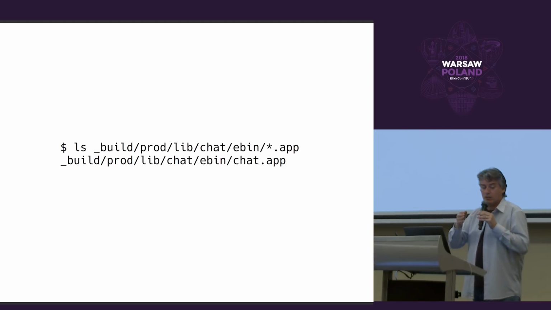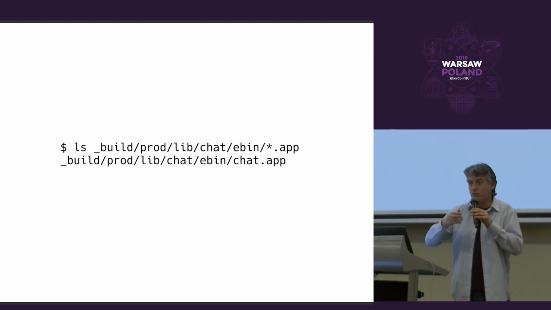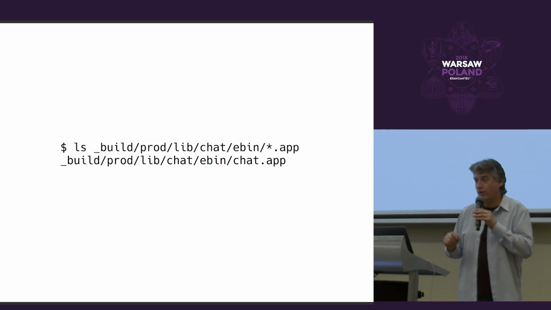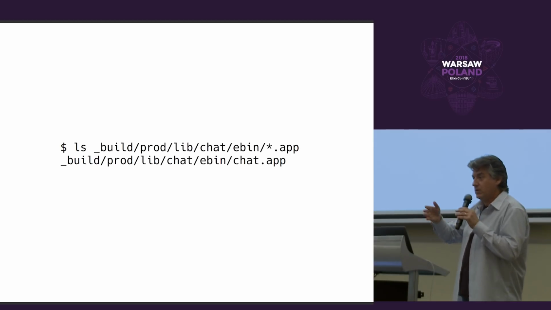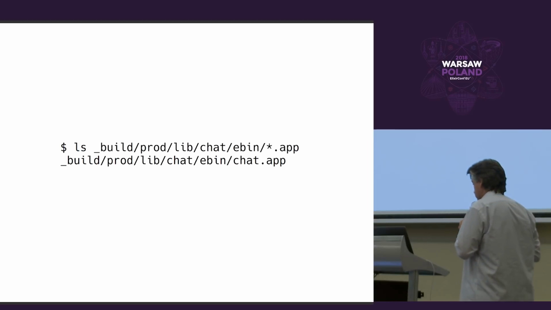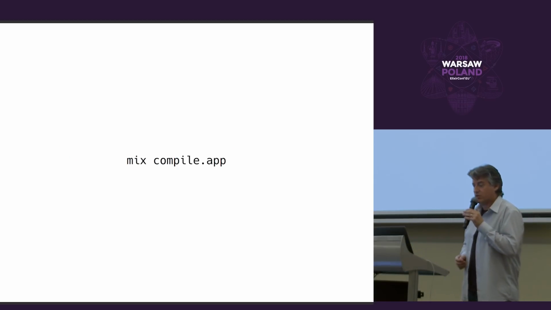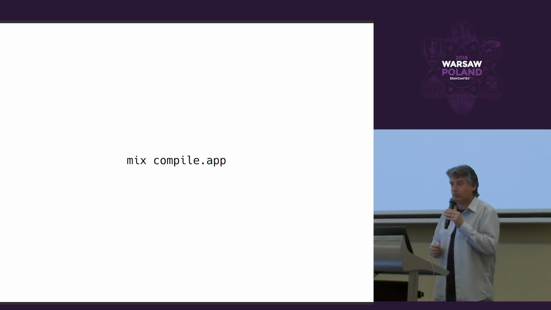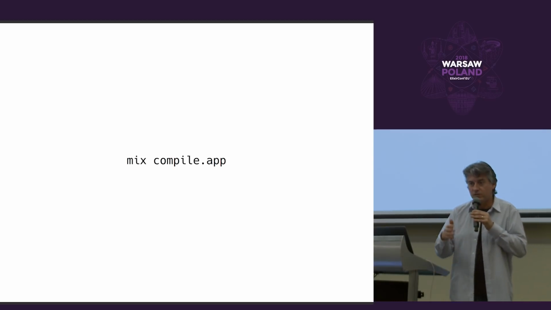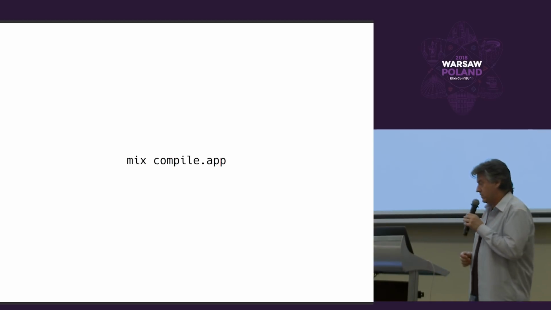And an application called foo is going to have foo.app somewhere in the code path, conventionally in the ebin directory of that application. So it's there, and it's generated by this task, mix compile.app, that is included in the series of compilers that Mix runs.